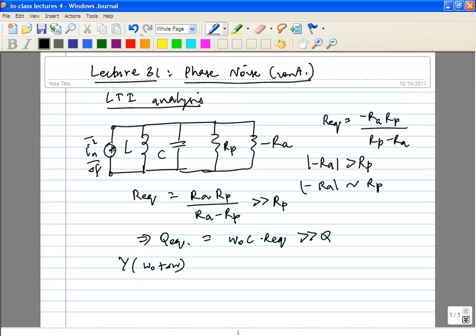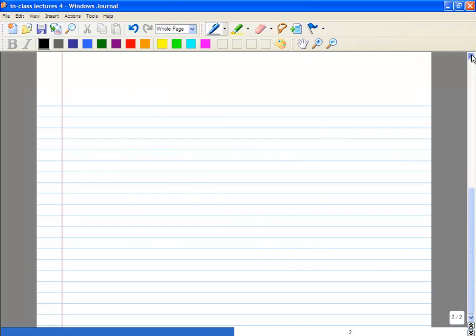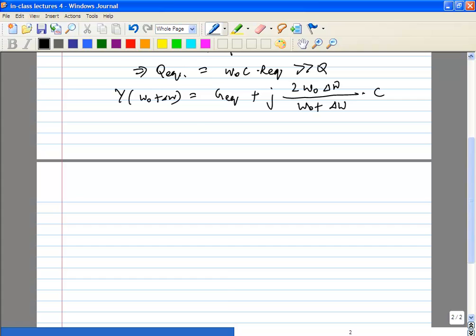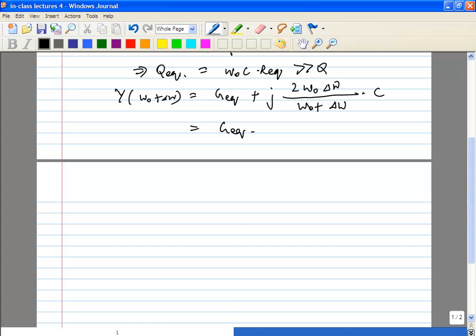And again you can go through the same calculations which we did, except now you have G equivalent, which is 1 over R equivalent. So you can find out the admittance. For G equivalent, the imaginary part stays the same.